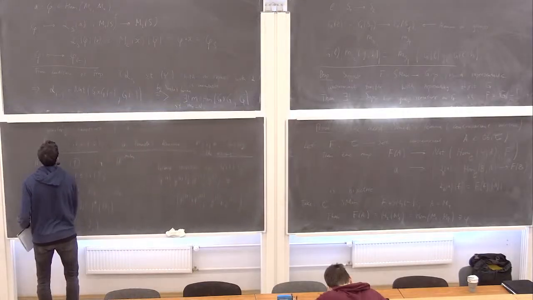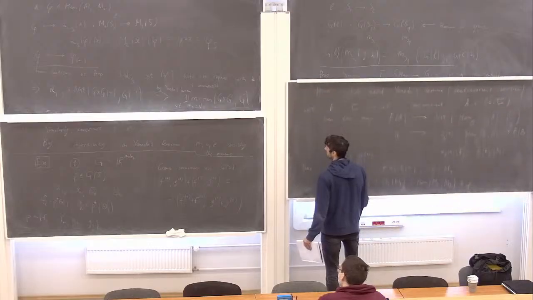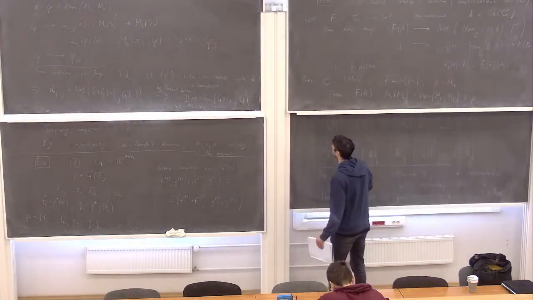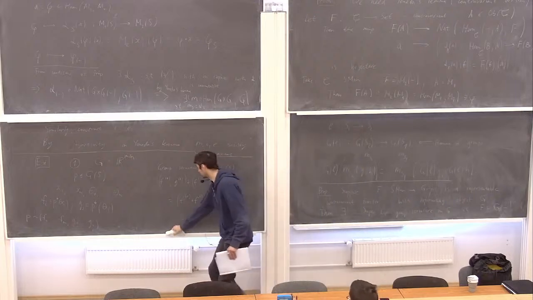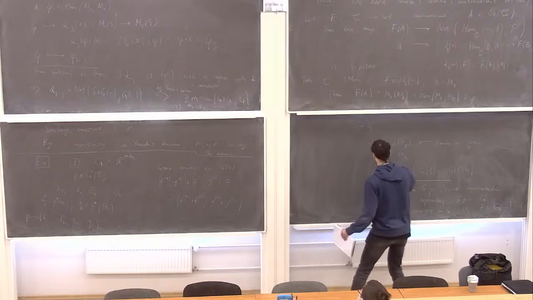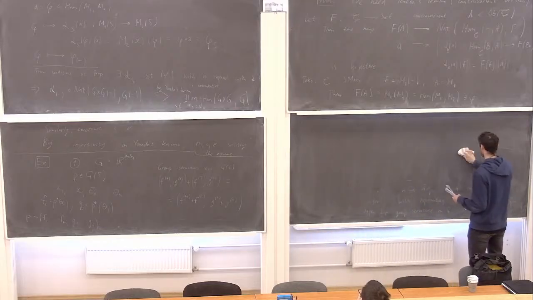Okay, next example is, of course, GL(m|n).